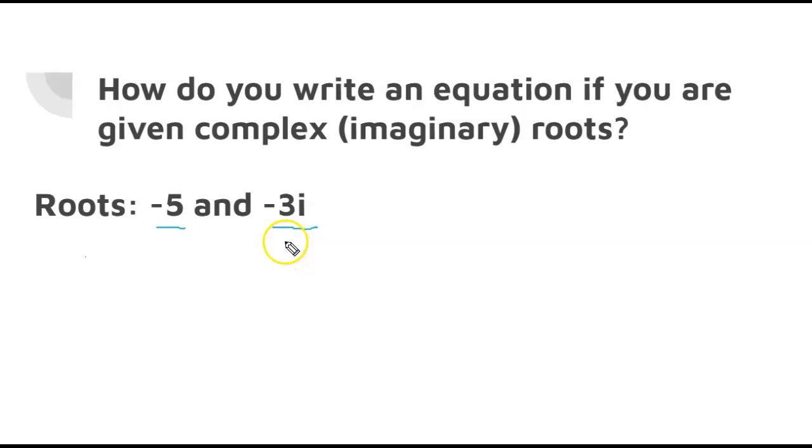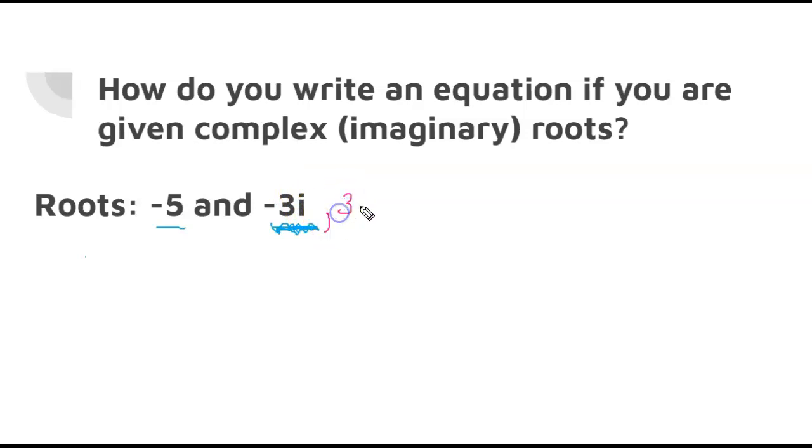So let's just start with what that even means. One of the first things that pops into my head is it only gave me 2 roots, so I would think that's just going to be a quadratic. But then I noticed that this one has i in it. Some kind of bell or whistle needs to go off in your head and say, well, if negative 3i is a root, it had to be plus or minus.